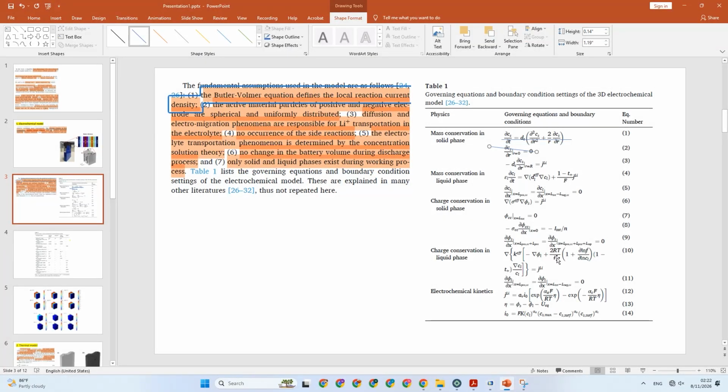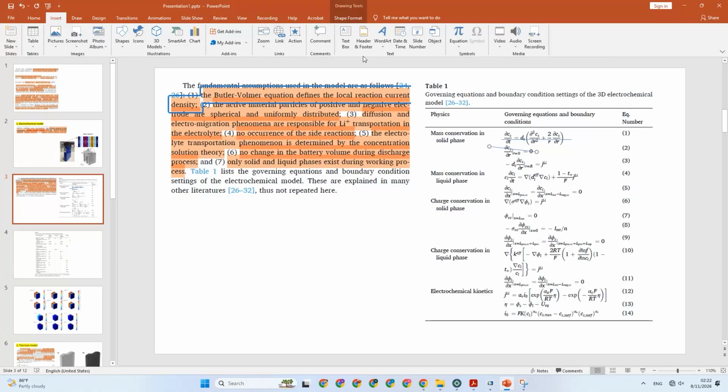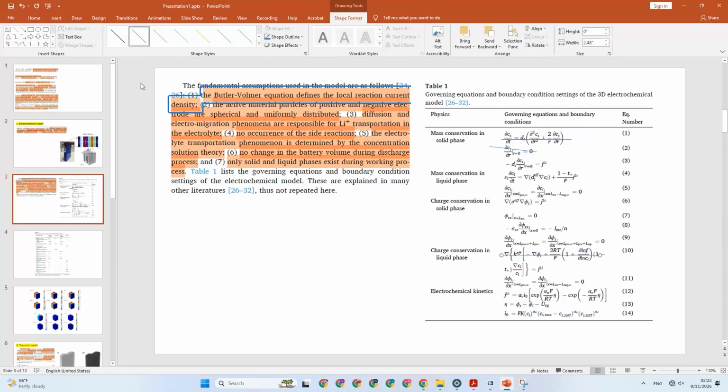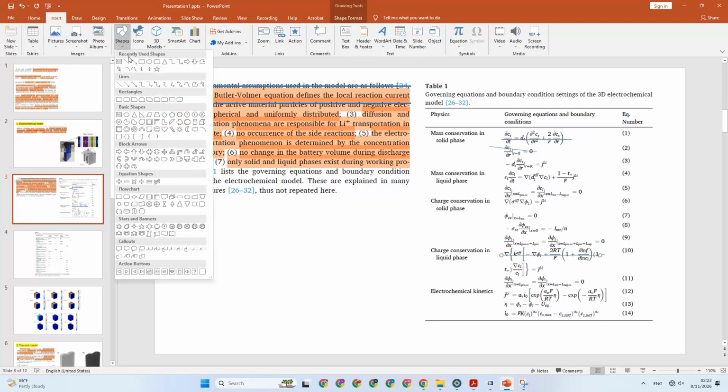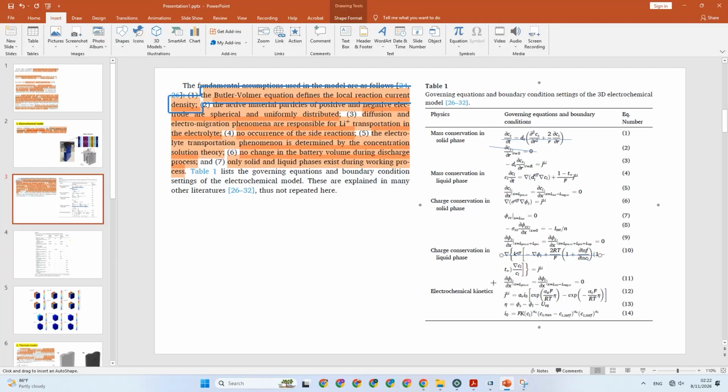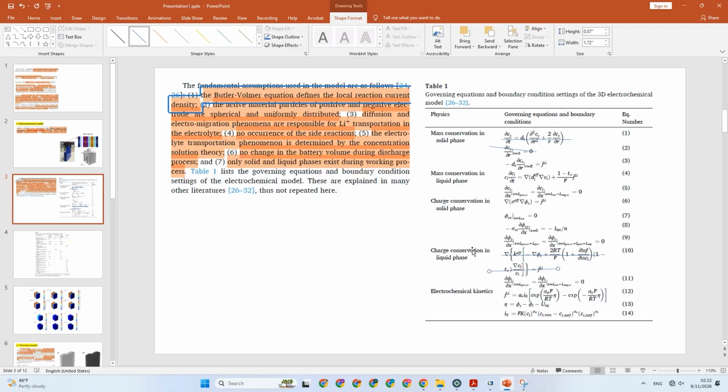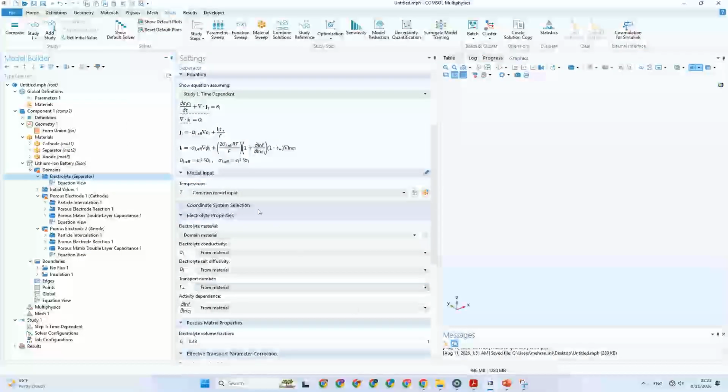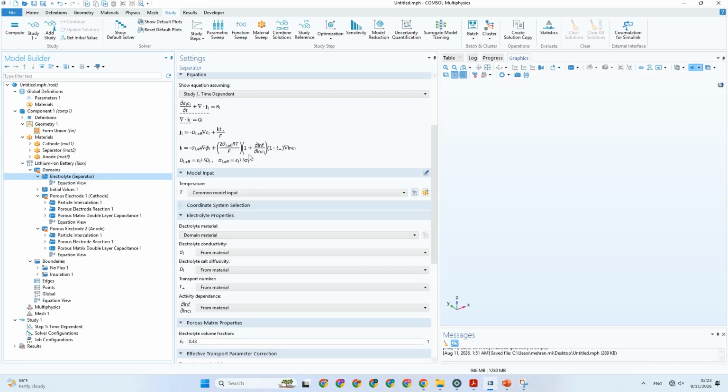This was valid. I insert a shape on it another time, and this also. And let's check the mass conservation in the liquid phase. And this was also valid. This is mass conservation law.